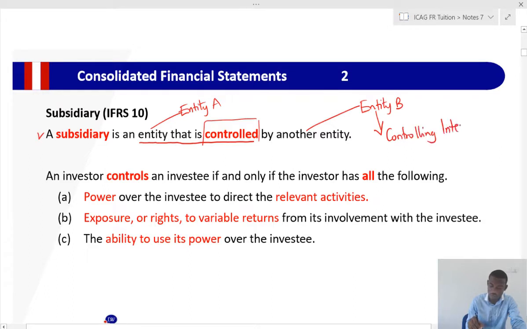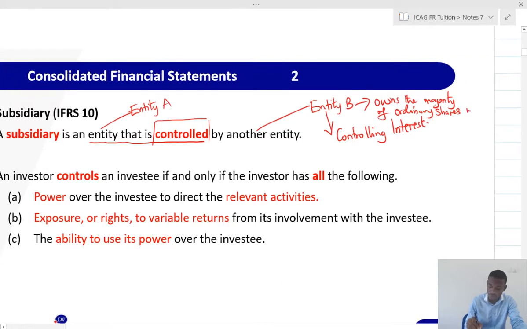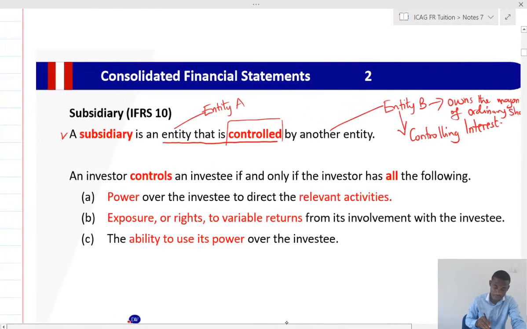The controlling interest means that entity B owns the majority of the ordinary shares in A, and that is what it means to have a controlling interest. So entity B controls entity A.